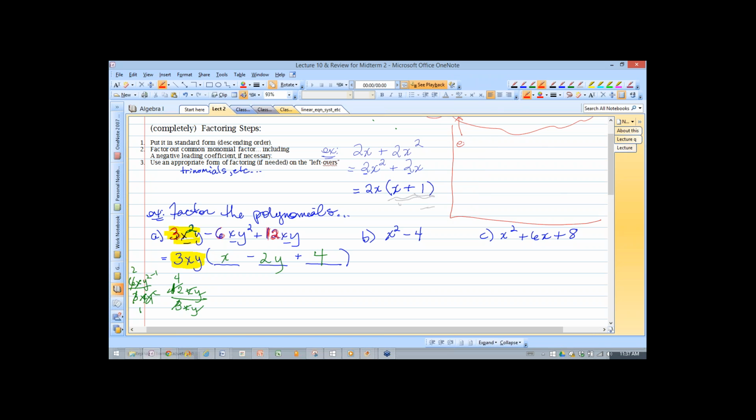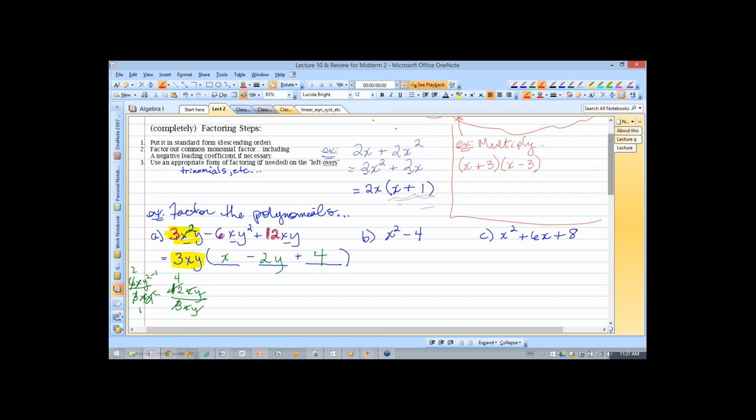Previously you were asked to multiply. We learned to FOIL, right? We learned to multiply 2 binomials, and we would have something like this: x plus 3, x minus 3.